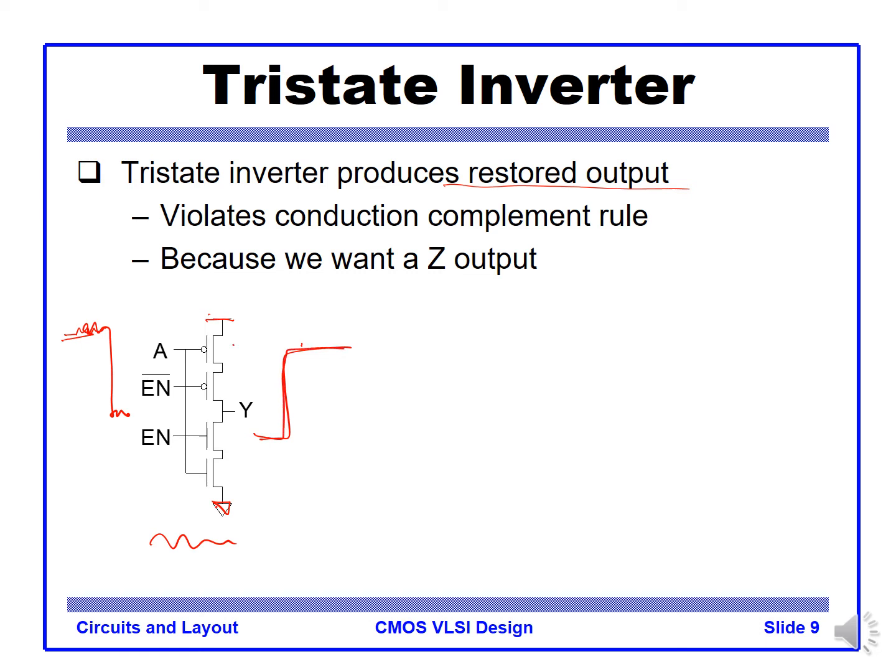So this series connection on both PMOS and NMOS violates the complement rule, but we ensure that those two switches never turn on. Those switches can both be turned off at the same time, making a Z output, a floating output, by having this kind of inverted control and enable signal here.